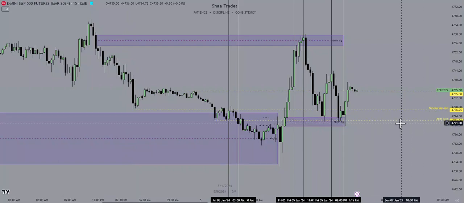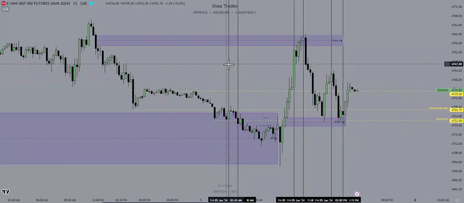So I implement those in my trading, and I also look at the silver bullet hours, right? Because these are time-based setups, so I like to look at what price is doing. I don't engage price until I'm in the silver bullet hour, because it gives me an opportunity to see what price has done.